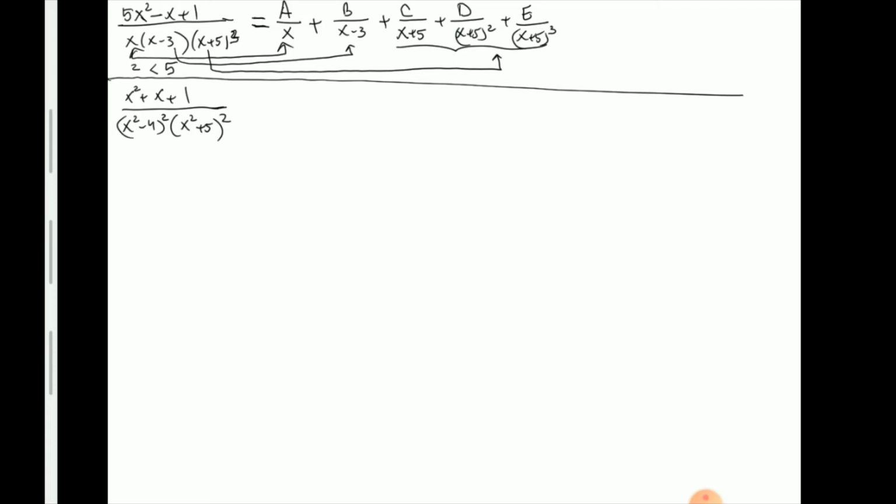The second example, if you pay close attention, it's not factored completely on the bottom yet, because I have x squared minus 4, that can still be factored into x minus 2, x plus 2. On the other hand, x squared plus 5 cannot be factored further.